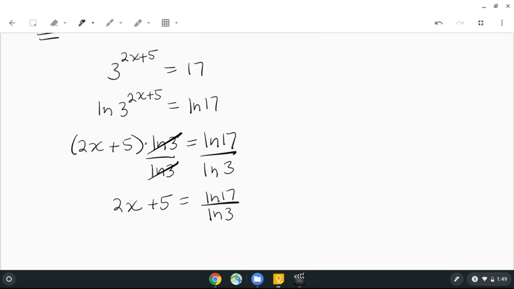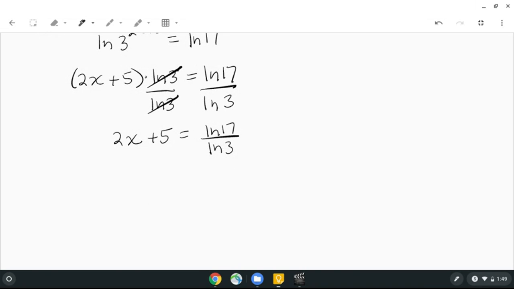And so now I just solve for x as usual. I will need to subtract 5 on both sides and then divide by 2 on both sides. So let's go ahead and do that. Subtract 5.